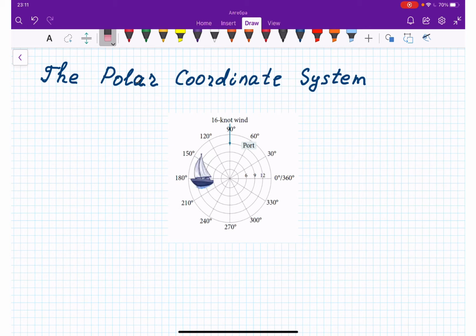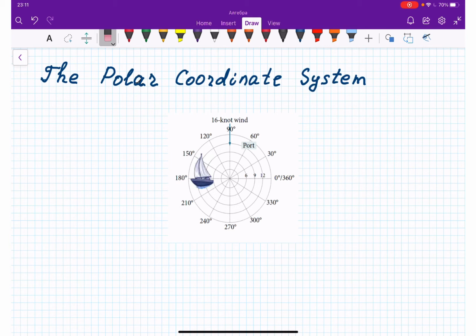This is what we're going to learn, the polar coordinate system, because sailors use the polar coordinate system, as well as pilots when they fly airplanes. Okay?